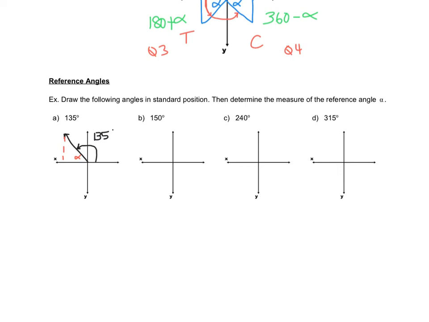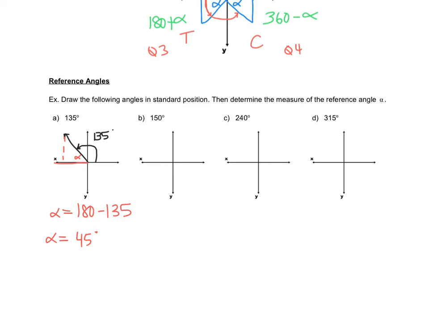So alpha will be the angle measure that needs to be added to 135 to reach 180. So if I want to figure out alpha, I can do 180 subtract 135, and I get 45 degrees. And to do a double check, I'll just add 135 plus 45, that's 180, and that's perfect because that's where the negative x-axis takes us.